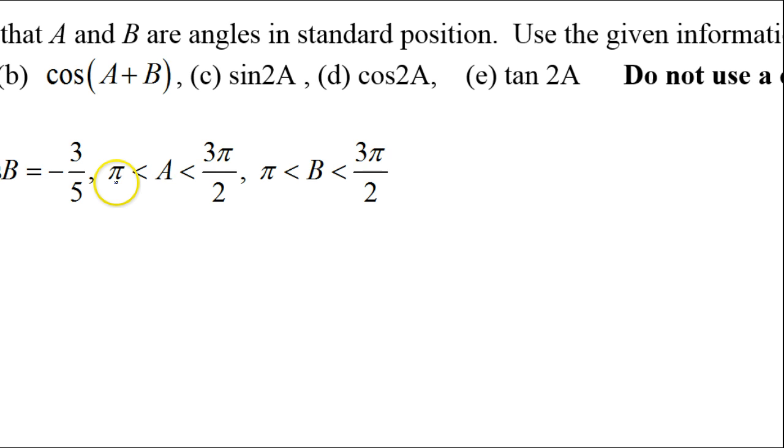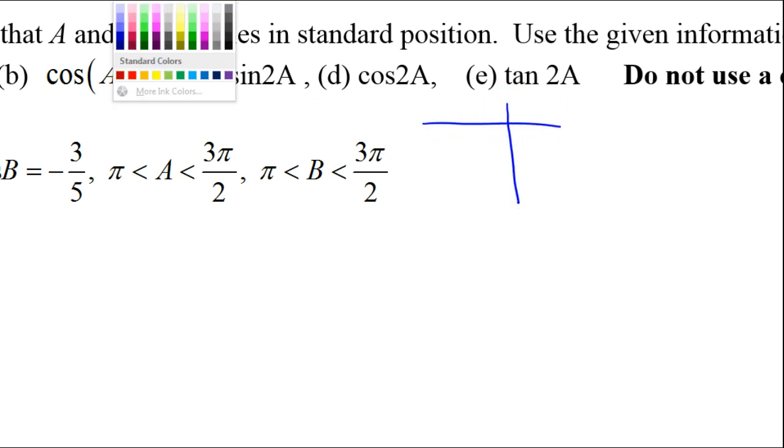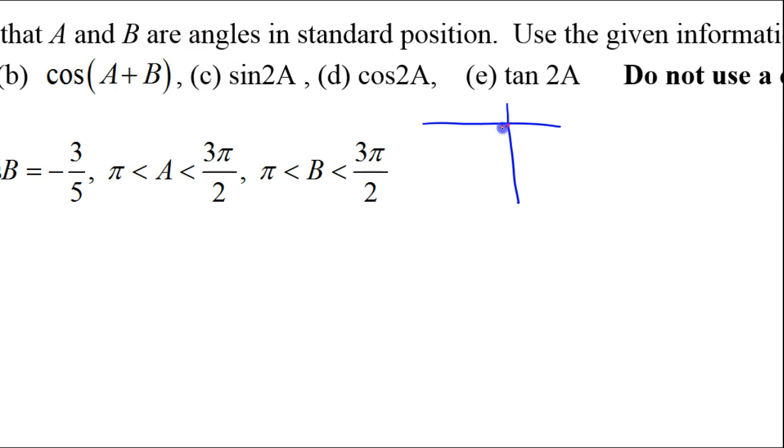Angle A is between pi and 3 pi over 2. That is the third quadrant. So let's draw ourselves a little diagram of the third quadrant. So here you go. Third quadrant.